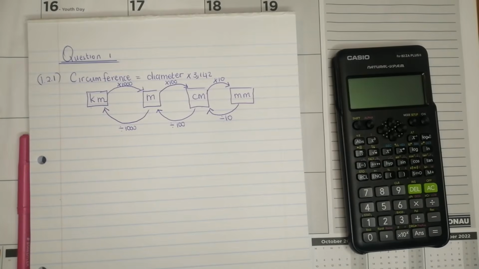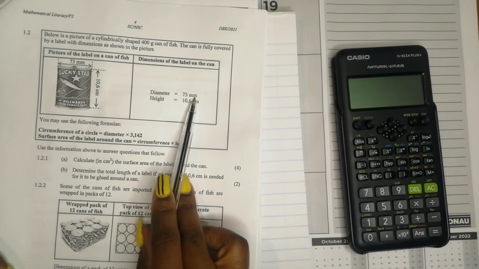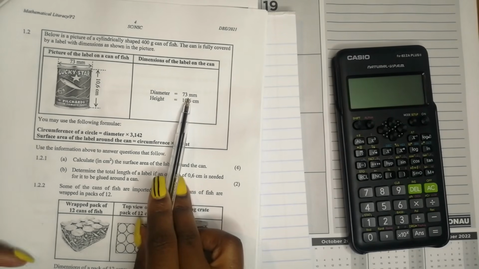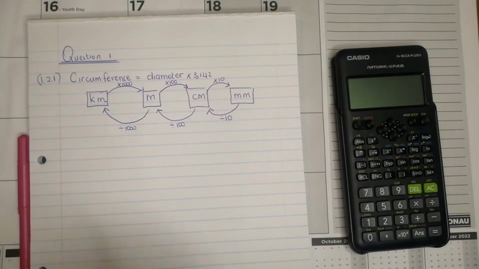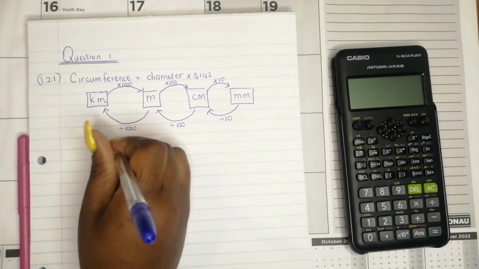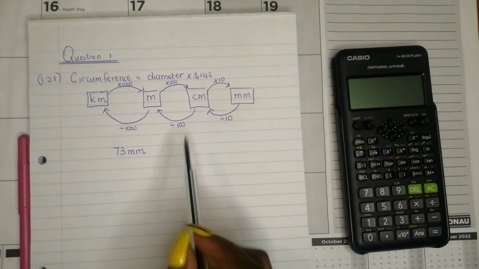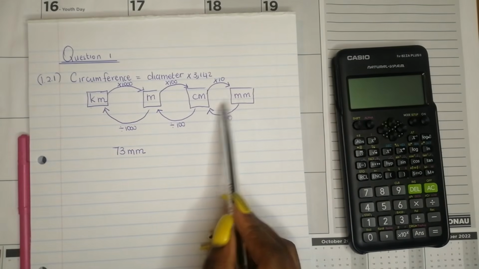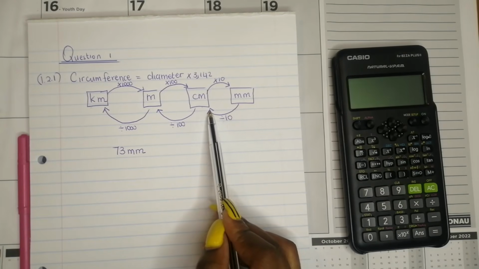Okay, so here now, guys, we need to convert these millimeters into centimeters. So let's convert these 73 millimeters into centimeters. What do we do? So it's going to be 73 millimeters, right? Because we want to move from millimeters to centimeters, we're moving from a smaller unit to a bigger unit.